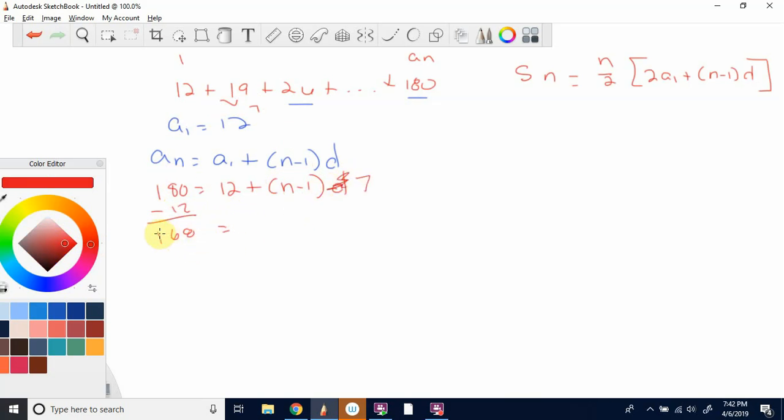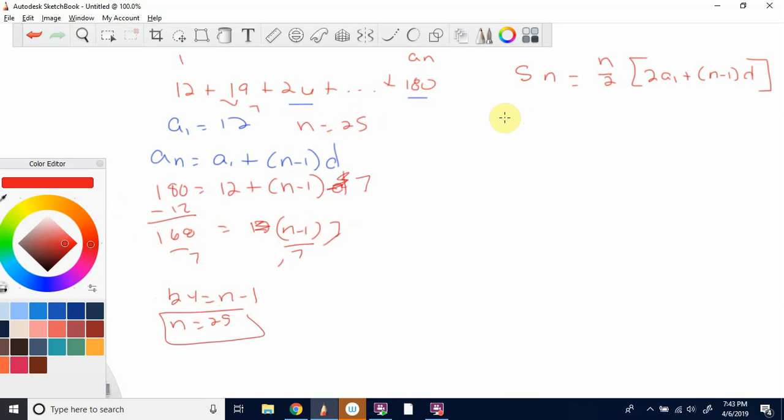All right, then we're going to divide by 7. Divide by 7, and I get 24 equals n minus 1, add 1, so n is 25. So now I know n is 25.